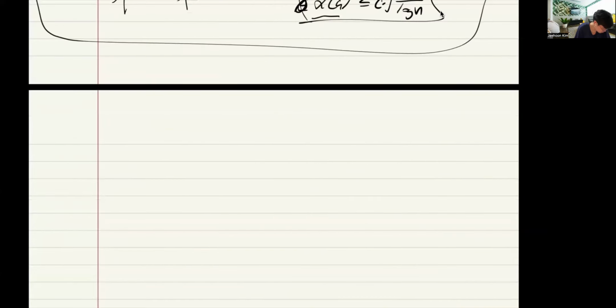So, proof. What do you know? In a triangle-free graph, if you take a vertex and its neighborhood, then this is independent. If there is an edge here, then you get a triangle, but the graph is triangle-free. But what do we want to do? We want to color the graph.